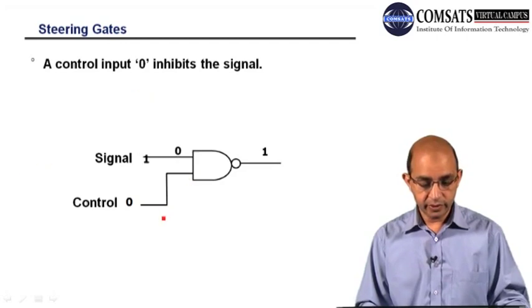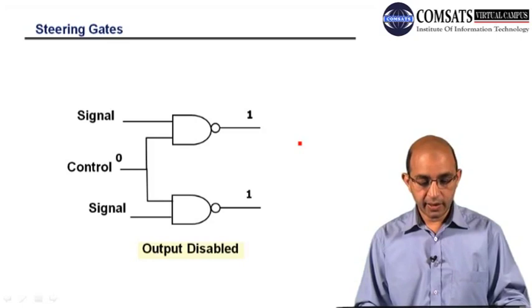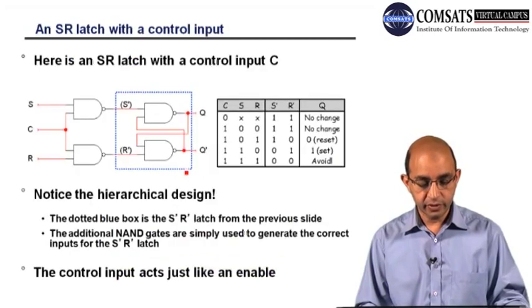Then we can have the 2 input circuitry. Here we have control 1, so it means the gate is open and we are getting the inverted output. Whenever we have the control 0, the gate is closed, so there is no output. The output is disabled because we have the control 0.